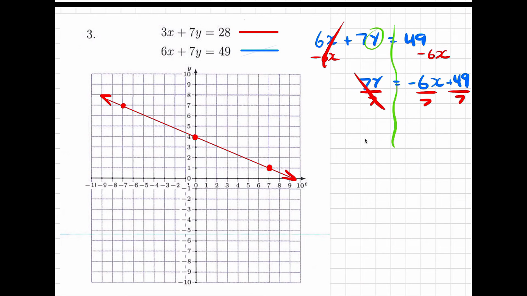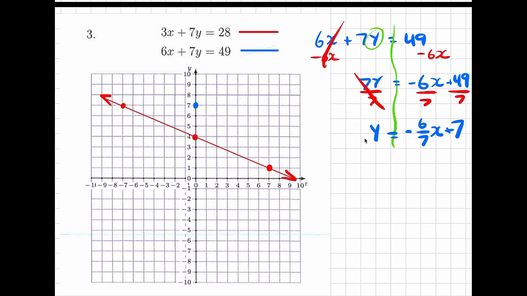The 7's cancel, and I'm left with y equals, great, that's what I'm trying to get to, the slope-intercept form, negative 6 over 7x, and 49 divided by 7 is 7, positive 7. So what do I do? I go to positive 7 and I make a dot.